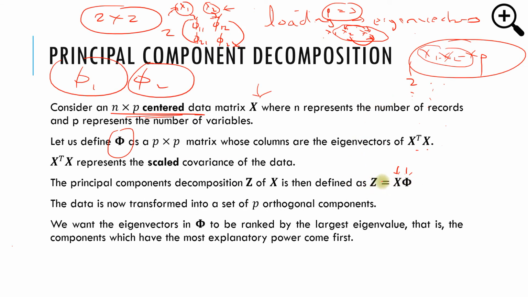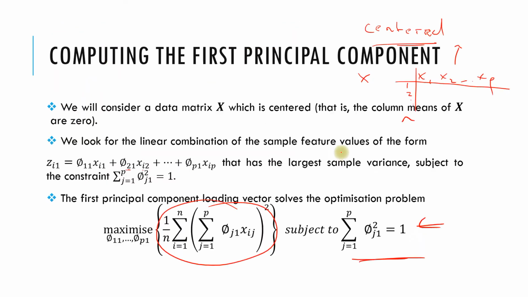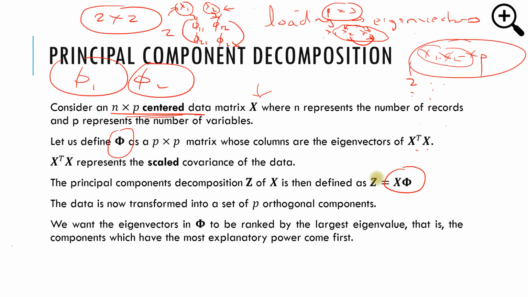So the principal component decomposition Z of X is defined as the matrix X multiplied by the factor loadings. This is analogous to what you have seen in the previous slides, but instead of representing it with linear algebra, we are representing it in matrix notation.